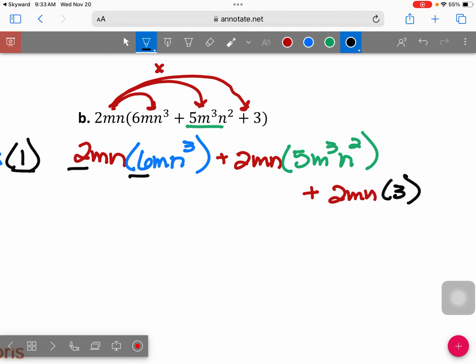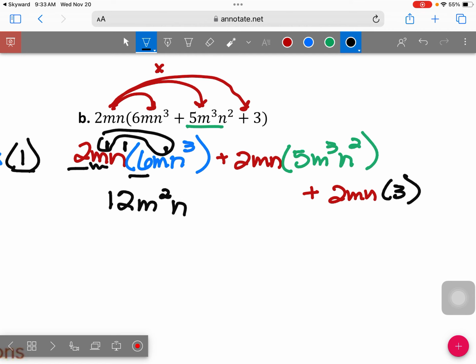So, 2 times 6, multiply your coefficients. That's a 12. M to the first, put a 1 on it. N to the first. Times m to the first here, 1 plus this 1 gives me m squared.